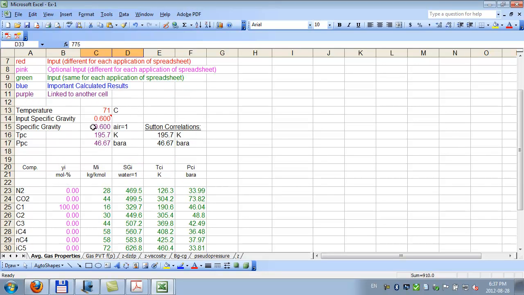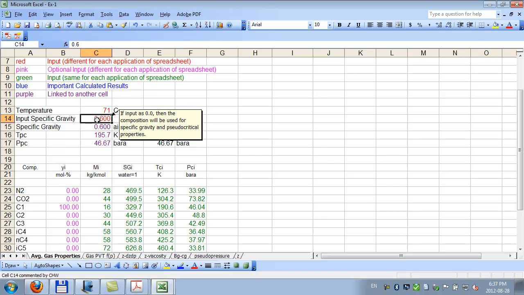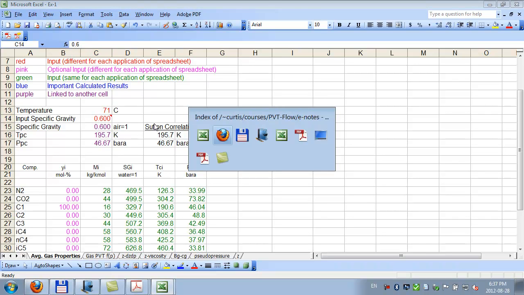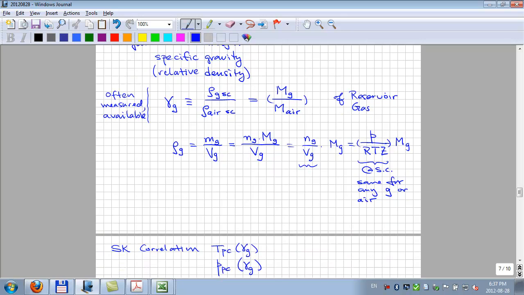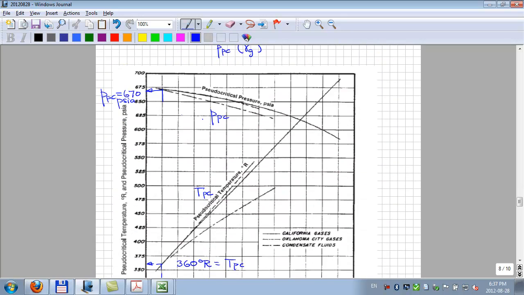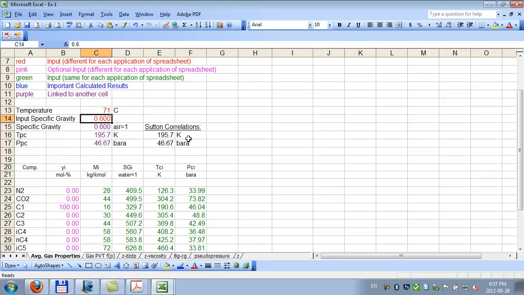But right now, since it's got this 0.6, it's going to use that with these correlations by Sutton, which are best fit to the charts that we were looking at. These charts here, there's a fellow professor at the Colorado School of Mines, some of you may go there next year, who fit best fit equations for these two. They're by this guy named Sutton. So that's what we get here.